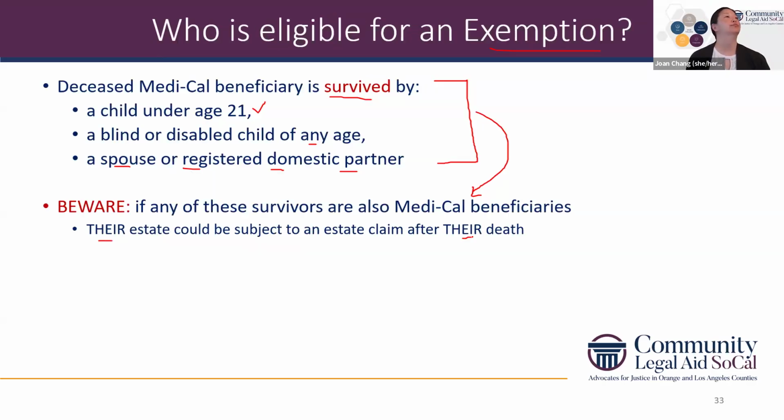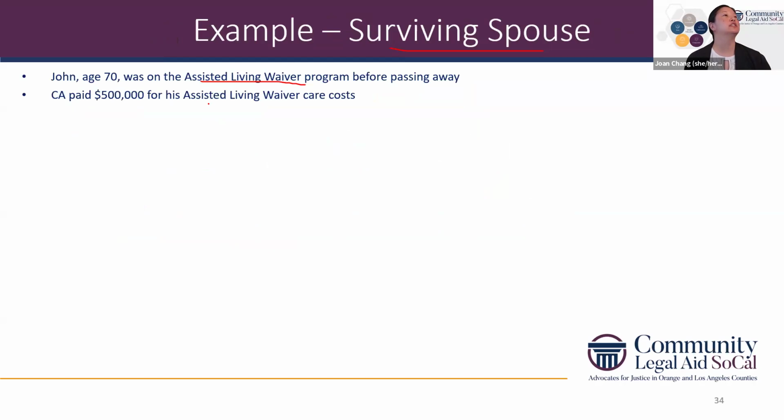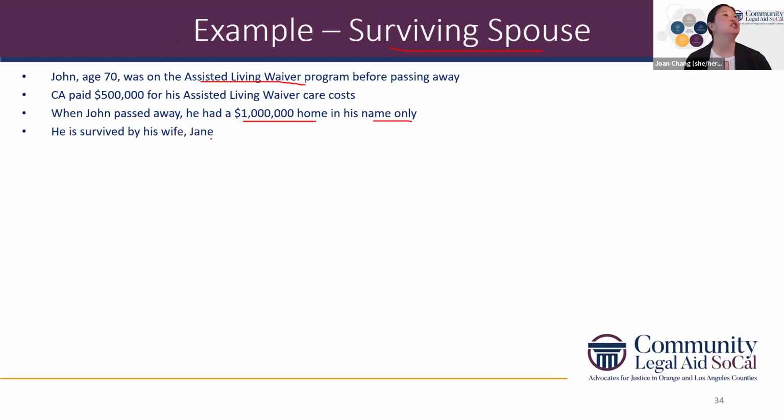Surviving spouse. Let's look at it. Again, we're looking at our friend John, 70, assisted living. California paid for a lot of his assisted living care costs. He passed away with a $1 million home in his name only. He is survived by his wife, Jane.